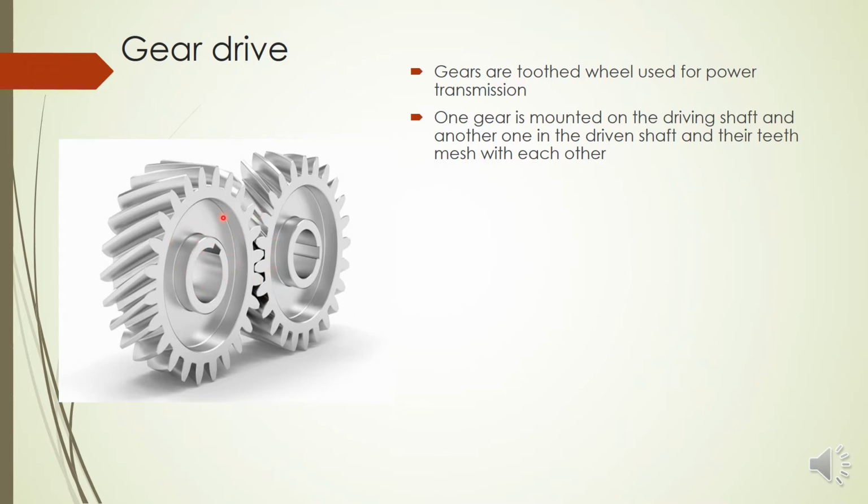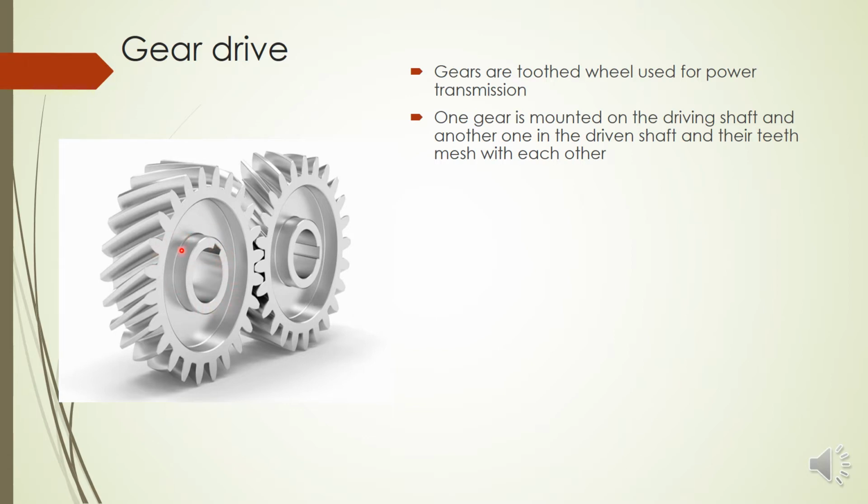Suppose this is our driver gear. This gear will be connected to the driver shaft which is inserted inside the hole of this driver gear with the help of a key.